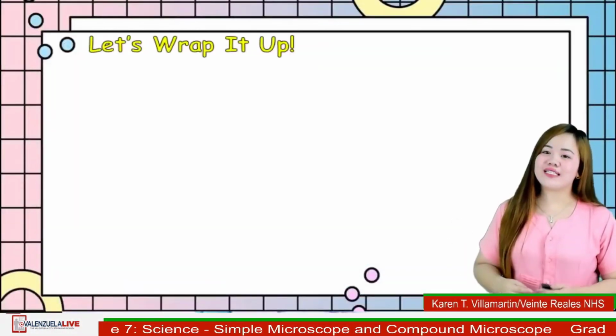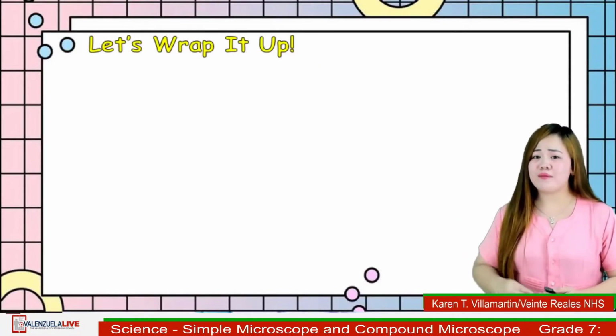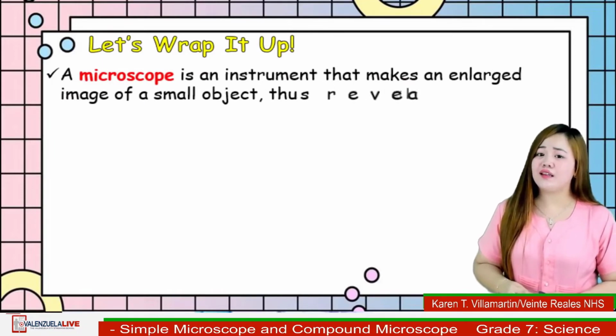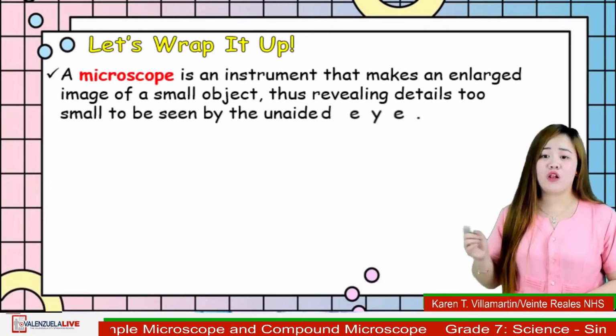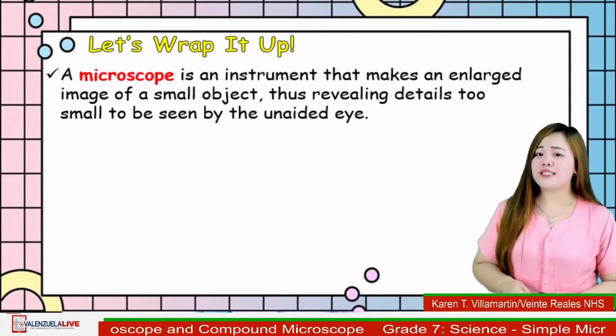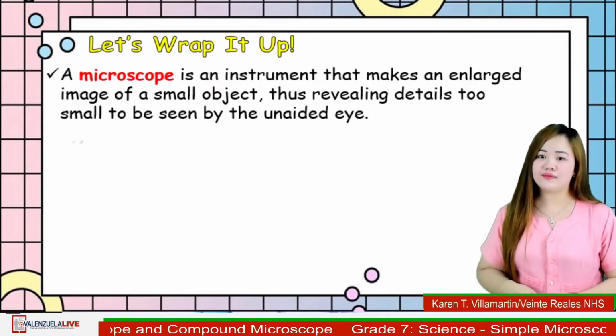And to summarize the discussion, always remember that a microscope is an instrument that makes an enlarged image of a small object, thus revealing details too small to be seen by the unaided eye.